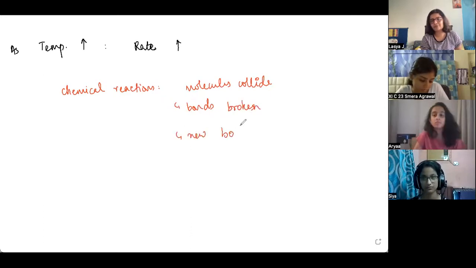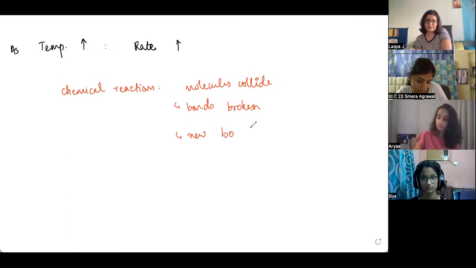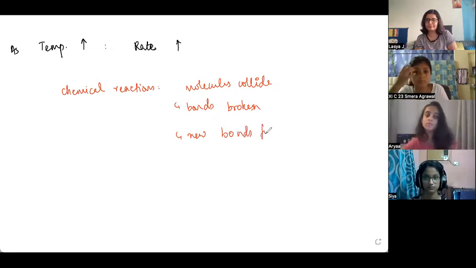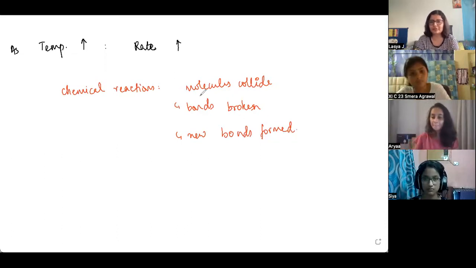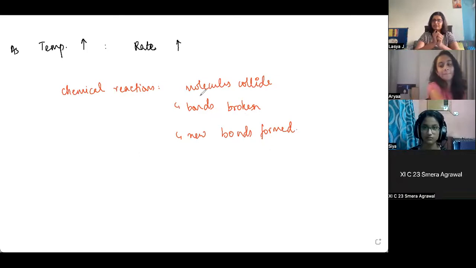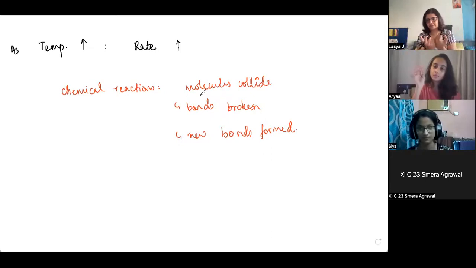When new bonds are formed, the atoms are basically rearranged into different molecules, which is what we call the products, new substances being formed. So in order for bonds to break or new bonds to be formed, you need the molecules to collide with each other. And not just that, they need to collide in a very specific way.